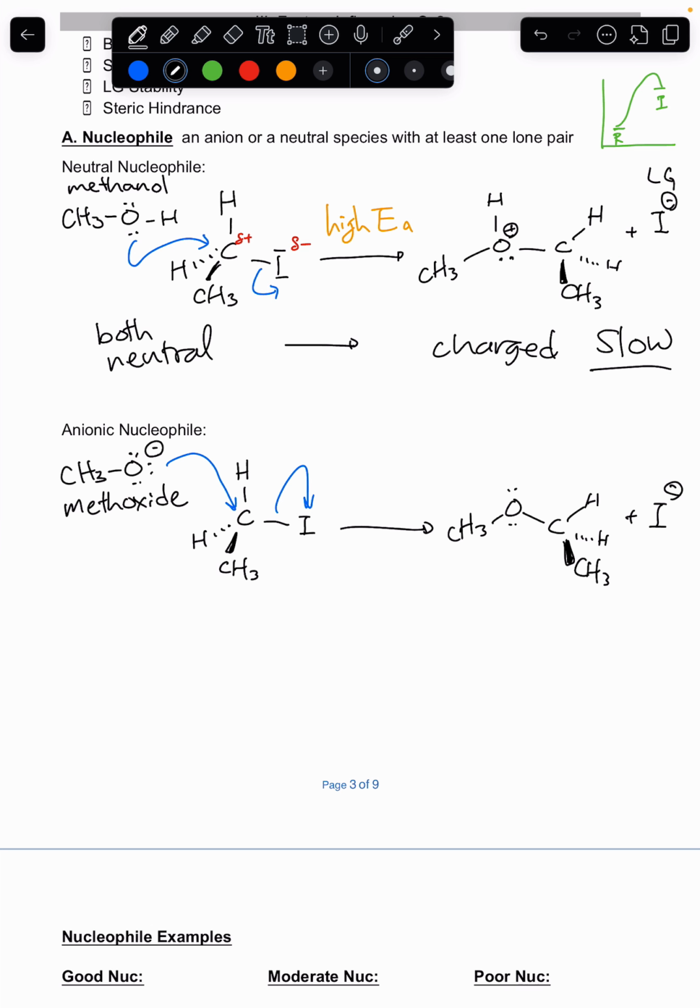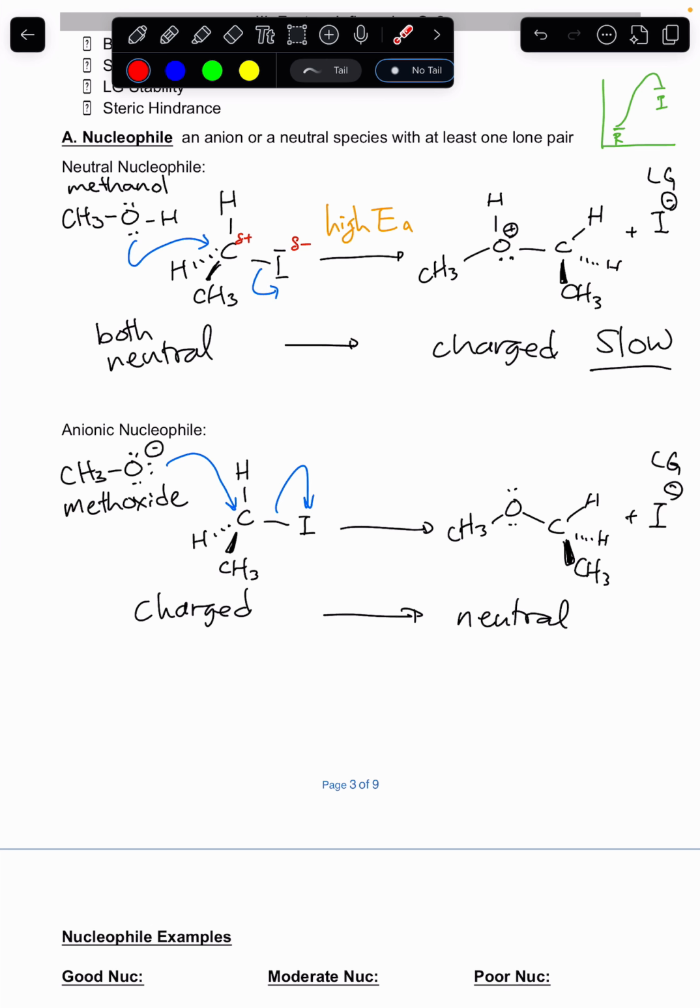But this time we went from a charged species to a neutral product, and that is a very good thing. These two things combined to become this molecule.